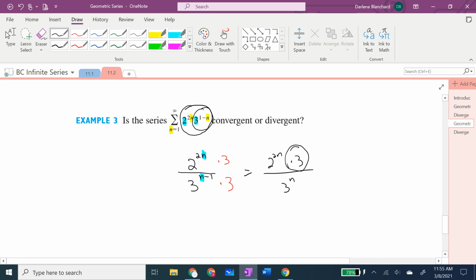But 2 to the 2n, take a look at what I just wrote and remember your exponent rules. 2 to the 2n is 2 squared to the n. 2 squared to the n is 4 to the n.